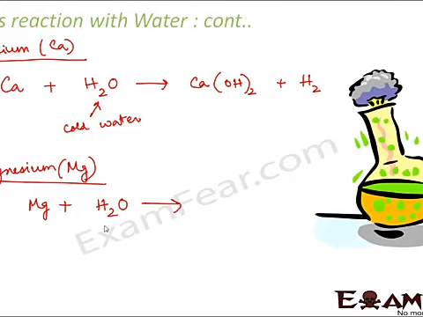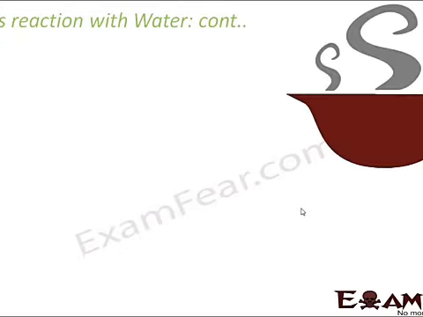But instead of cold water, if you put hot water on magnesium, then the reaction takes place and magnesium hydroxide is formed. In many cases I am not balancing the equations, so please do that yourself. So magnesium hydroxide will be formed. The reaction takes place only with hot water.